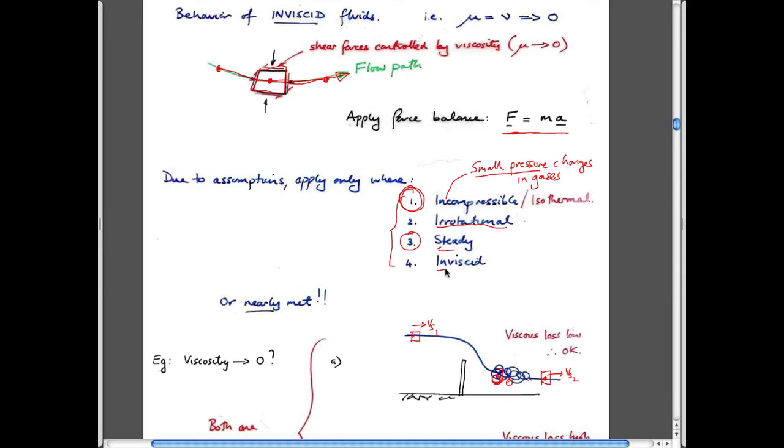And perhaps the other most important thing is that it's inviscid. There is no viscosity. In other words, the viscosity is low, or we assume that it's 0. We can actually get around that later on, as we'll talk about when we deal with the energy equation. But what that physically means is that there's no energy loss within the system.